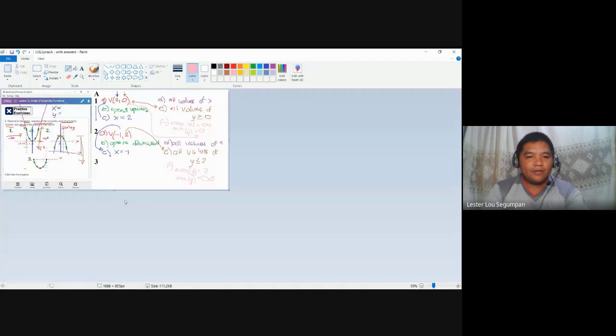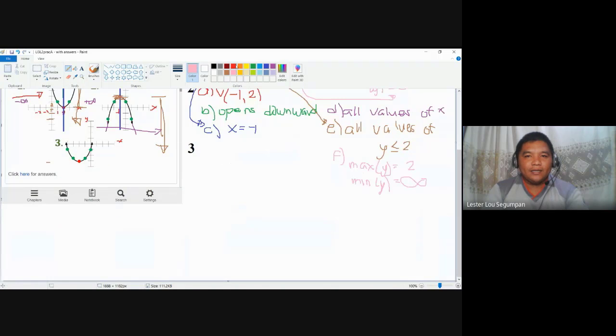Let us have number 3. Probably you could already predict what will happen here. Your vertex is at x equals negative 2, assuming again it's 1 unit, and you have here 1, 2, 3, negative 3.